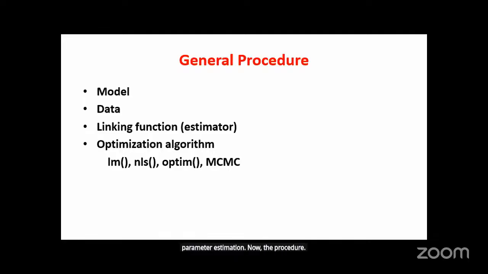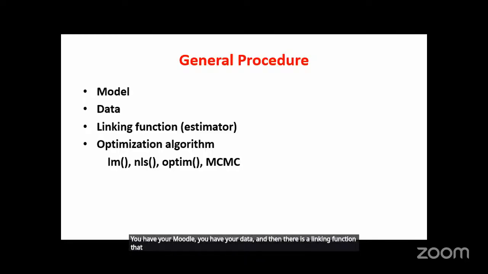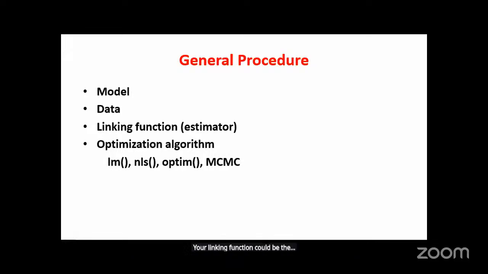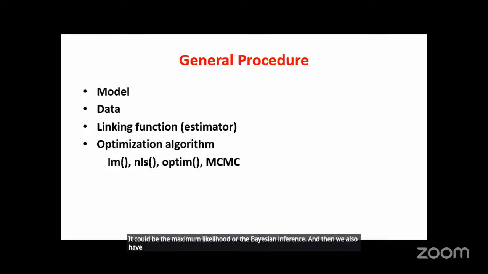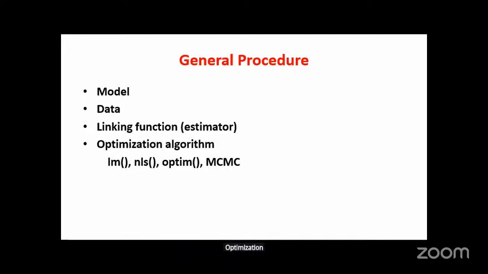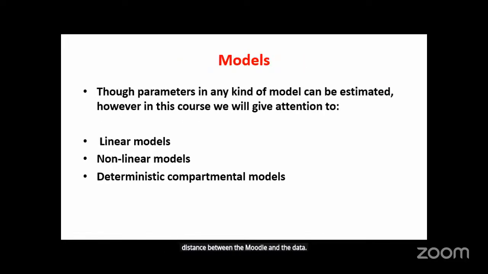Now, the procedure: you have your model, you have your data, and then there is a linking function that we mentioned earlier. Your linking function could be the least squares estimate, the maximum likelihood, or the Bayesian inference. And then we also have optimization algorithms that will help us optimize the distance between the model and the data.